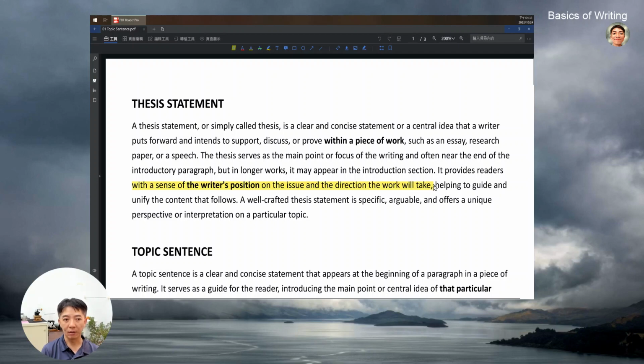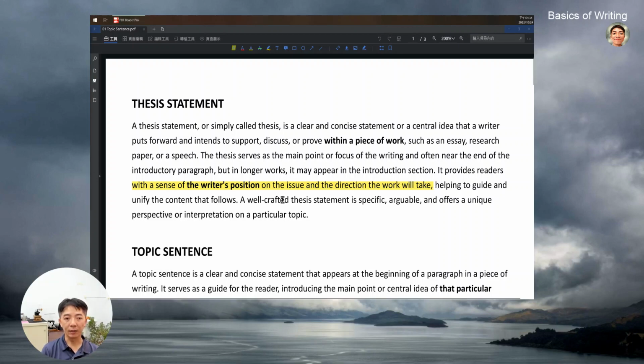It's a sense of the writer's position, right? So when you think about position, you think about what's your stand, because maybe some people are for, some are against. So we can think about why the author says so later, but usually the author will point out his position in the very beginning, and that's called the thesis statement.